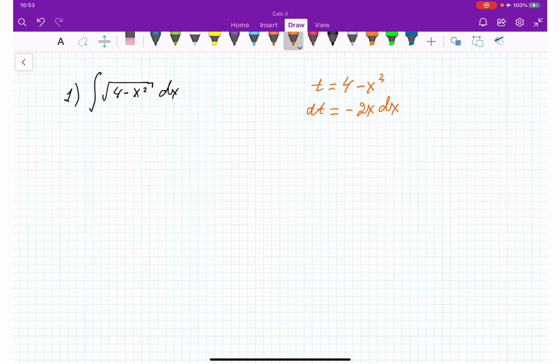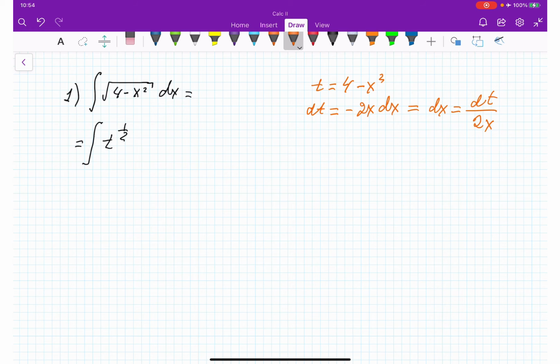All right. So we will substitute: 4 minus x squared will be t to the power 1/2, and dx is substituted with dt, so dx would be equal to dt divided by 2x.